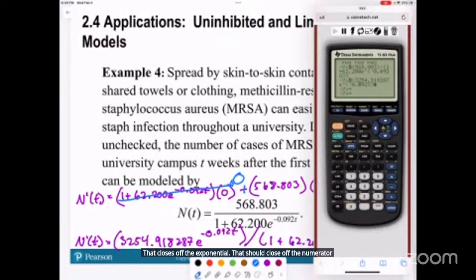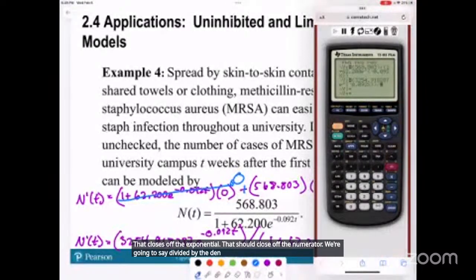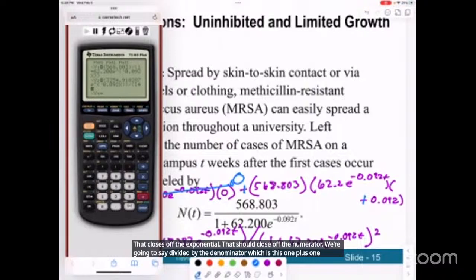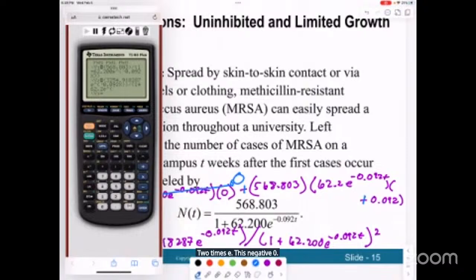We're going to say divided by the denominator, which is 1 plus 62.2 times e to the negative 0.092x. Close off the exponent, close off the denominator, and we want that thing squared. That should be okay. Hopefully we typed it in properly.